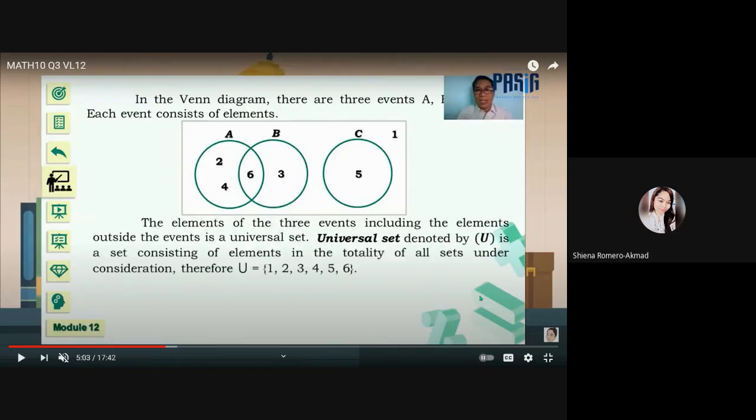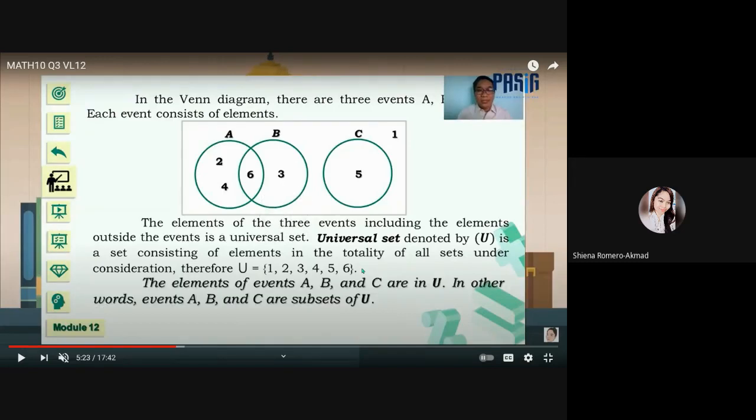Okay? And then we use the capital letter U to represent the universal set, and it consists of the totality of all the sets that we have. And we can represent that this way. Now, using capital U equals the set 1, 2, 3, 4, 5, 6.